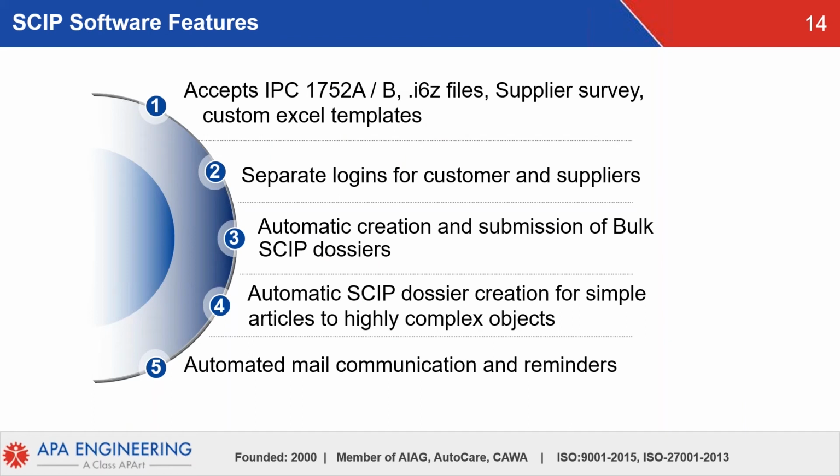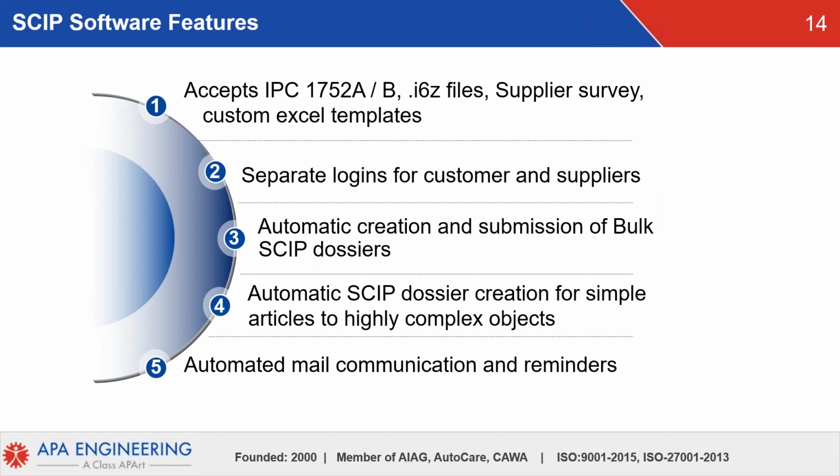The high-level features of the SCIP software: it can take any kind of input, be it an FMD, that is Full Material Declaration, IPC 1752A, B, or if your supplier has .exe files or IMDS files, supplier surveys, or custom Excel templates, any kind of format it can accept. It has separate logins for customer as well as supplier. The beauty of the software is bulk SCIP dossier creation as well as submission.